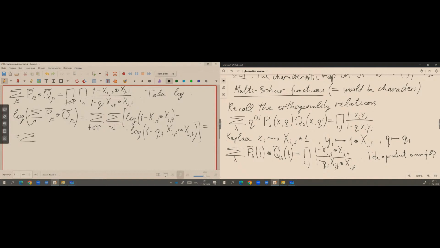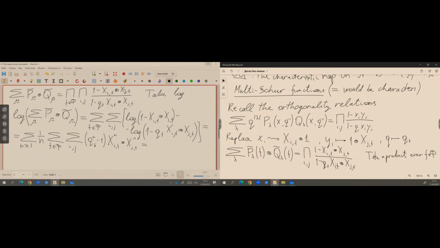And this is the sum over positive integers n of 1 over n, the sum over irreducible polynomials, the sum over powers, of (q_f^n minus 1) times x_i^f to the power n tensor x_j^f to the power n.